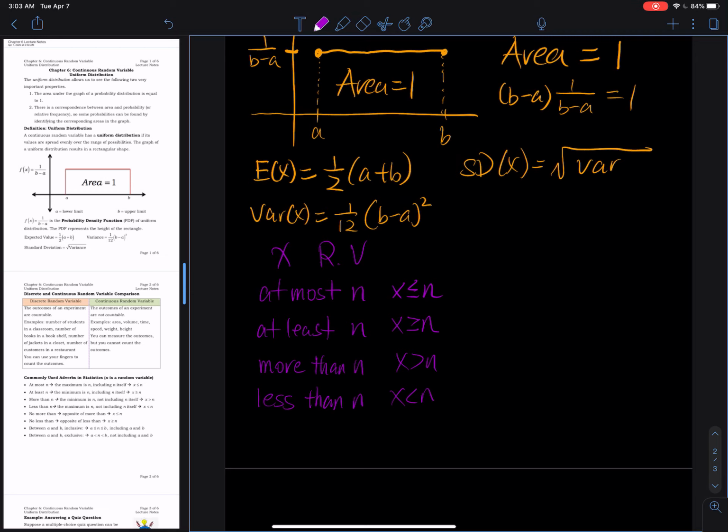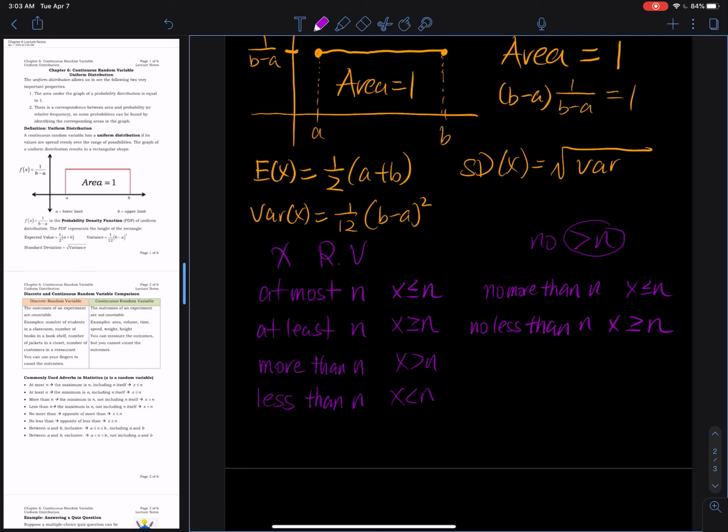And then we have no more than. What is no more than? It is the opposite of more than, so it is less than or equal to n. No less than n is x greater than or equal to n, just the opposite of less than.